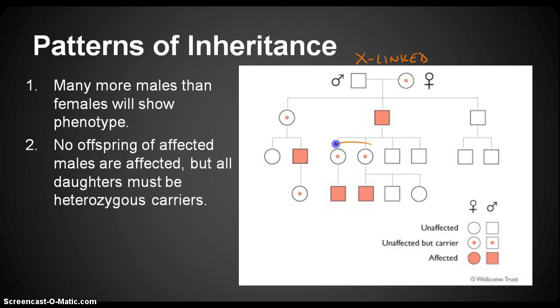However, all of his daughters are going to be carriers, and that's because they are getting an X chromosome that has the allele for the disease. They're getting that X chromosome from him. The males that are his children, however, are getting the Y chromosome, so they're not getting that disease allele.